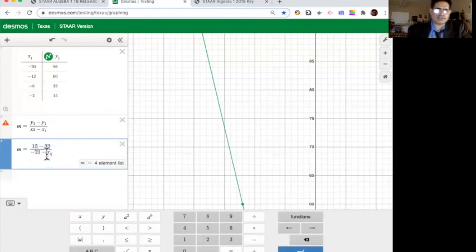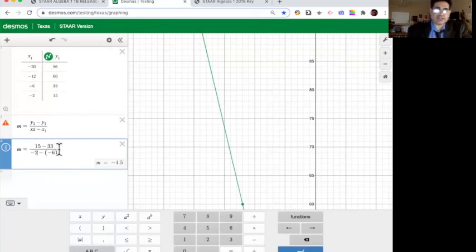Some of you have a strategy of trying to get big numbers and small numbers. It doesn't always work. And minus 6. So 15 minus 33, over negative 2 minus negative 6.